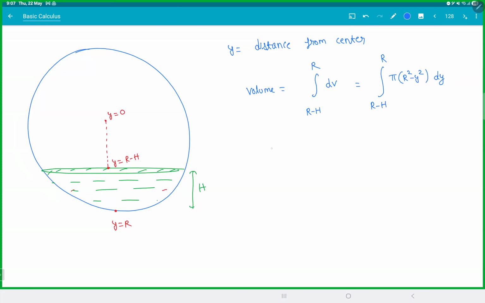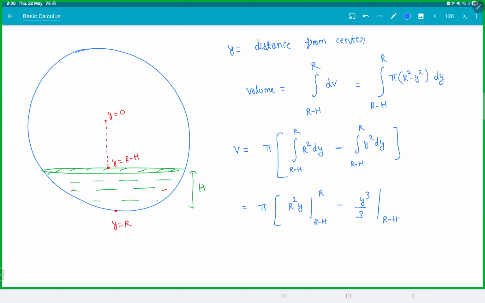Then for this integration, pi just comes out, throw it out. Integral r square dy minus integral y square dy. The limits are r minus h to r. Integrate this. So r square is constant, so this will become r square y. Integration is over. Limits are r minus h to r, minus y cube by 3, limits r minus h to r.